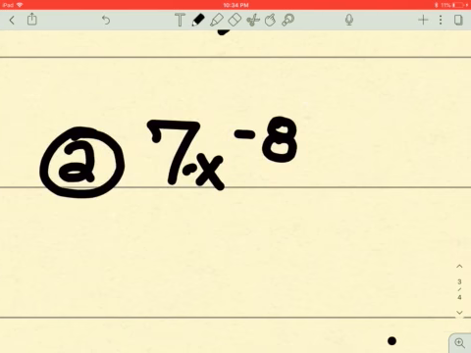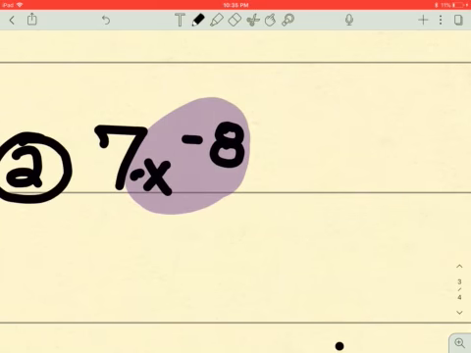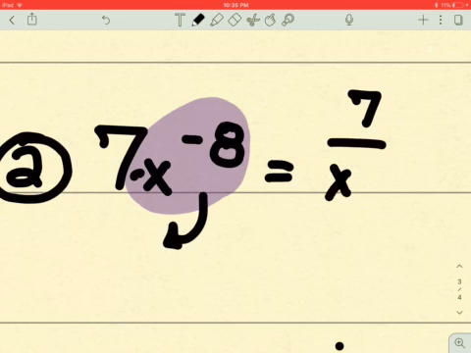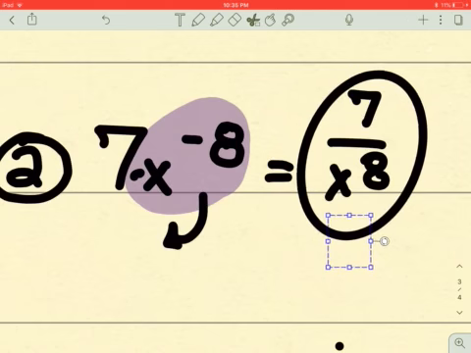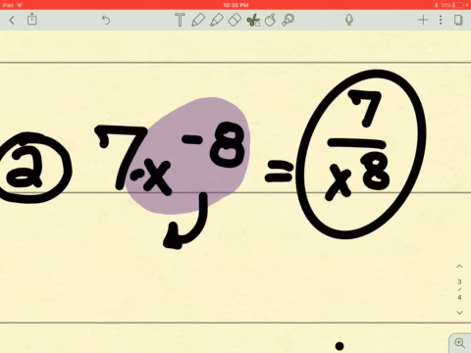And I have a negative exponent there for that base, so all I have to do is put that in the denominator, so my answer would be the same as 7 over x to the 8th. And that is my final answer right there, 7 over x to the 8th. Hopefully that's making sense so far.